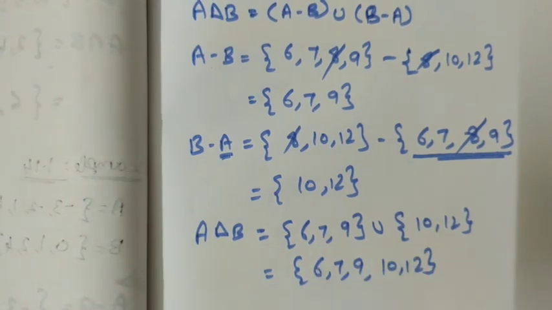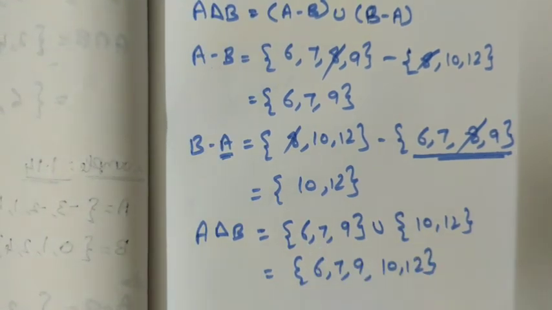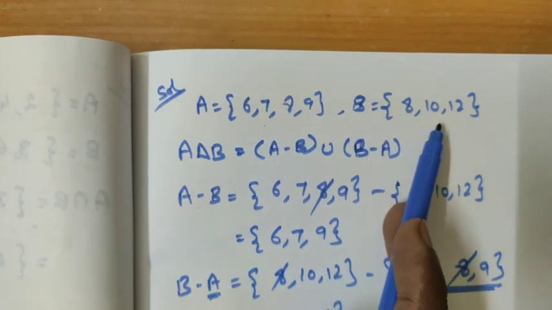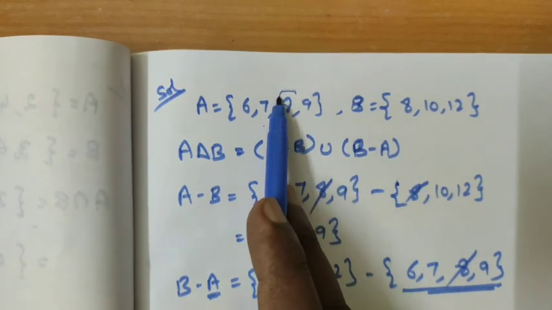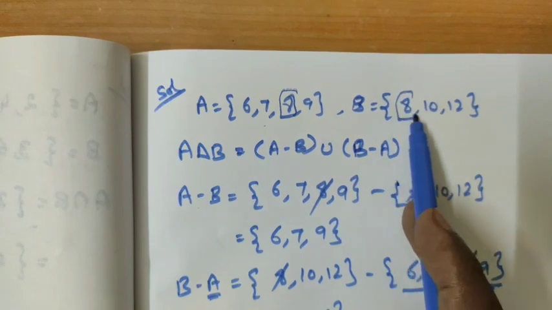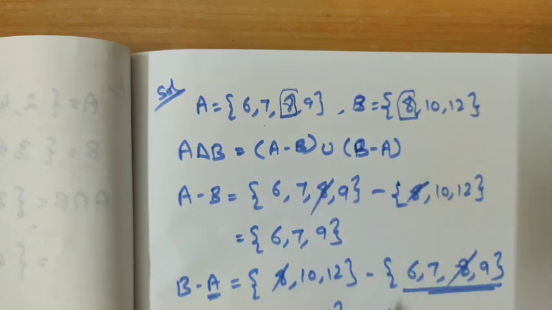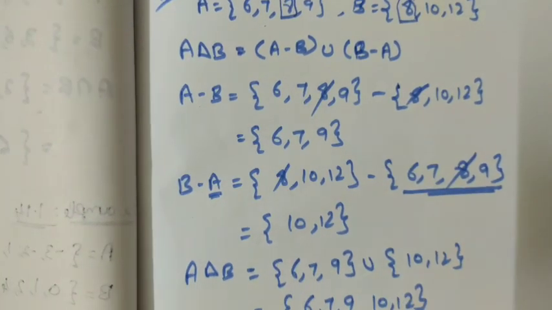So we write all the elements except the repeated elements. A set does not allow repeated elements. Symmetric means that in both A and B sets, omit the common elements and the remaining elements appear. That is the symmetric difference, right?